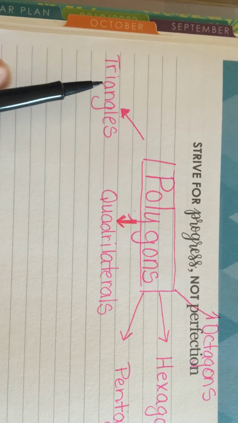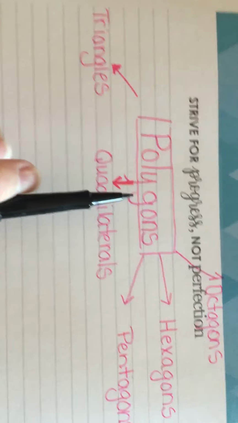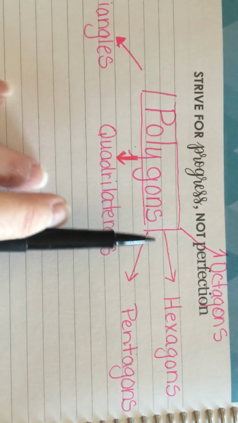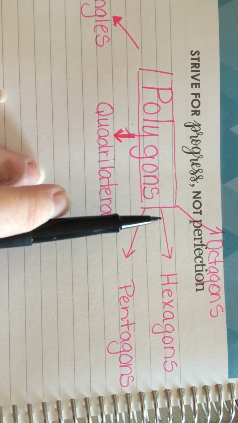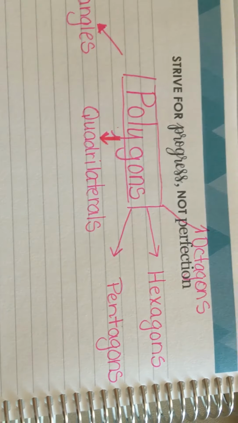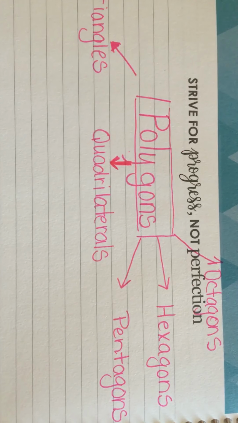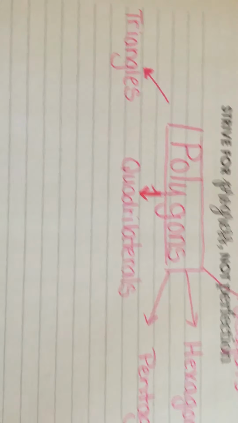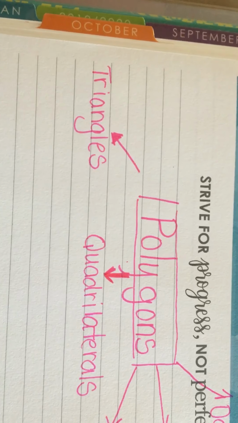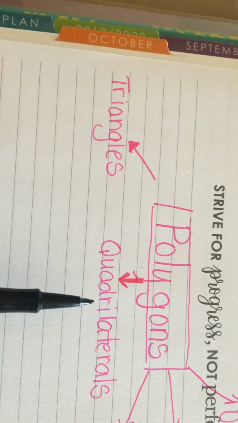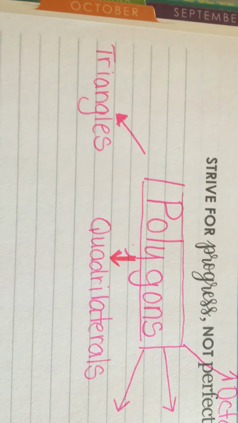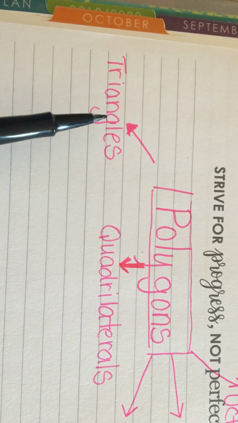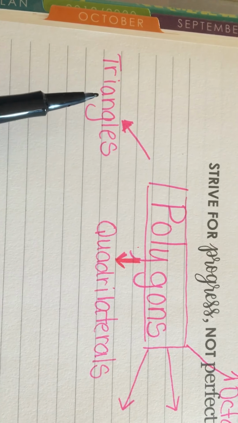I know that triangles are polygons. I know that quadrilaterals are polygons. I know that pentagons and hexagons and octagons, and I can go on, are all polygons. We're going to be focusing mainly on triangles and quadrilaterals. Today and tomorrow your lessons are going to be on triangles because there are different types of triangles.